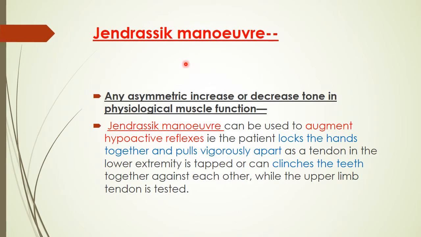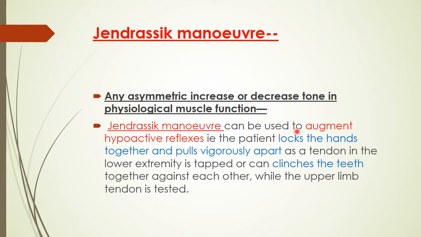When we could not elicit the reflex, or when there is an asymmetrical increase or decrease in tone, this word is very important, when the tone is not optimal for physiological muscle function, then we perform Jendrassik's maneuver.